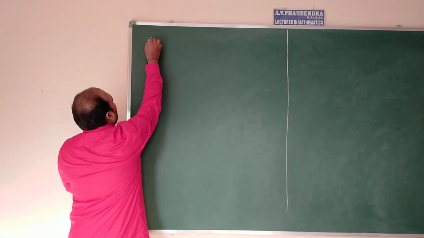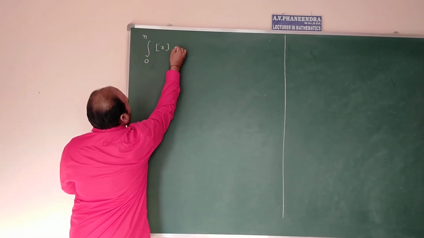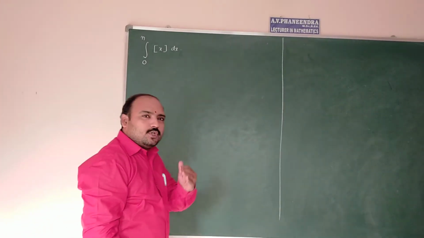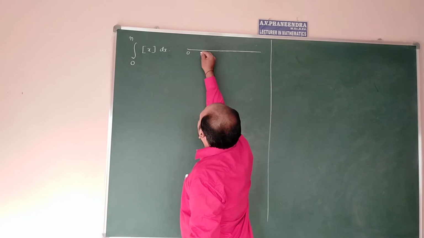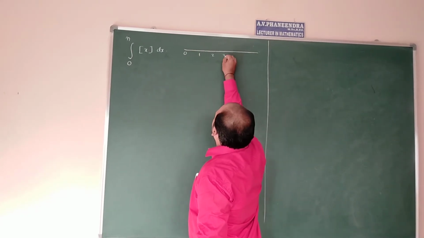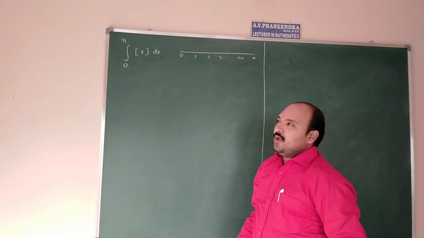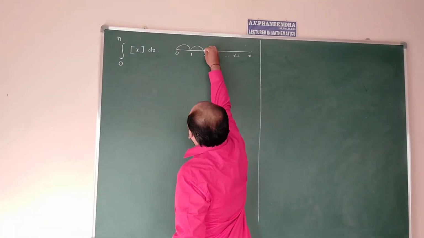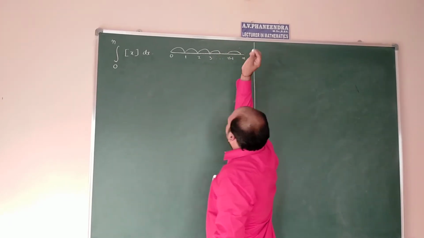Integral 0 to n of step x, or greatest integer function, how to calculate? 0, 1, 2, 3 and so on, n minus 1, n. This we can split into n terms. Like this we have to do.